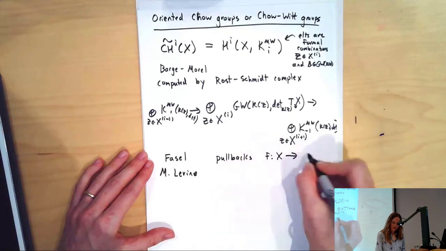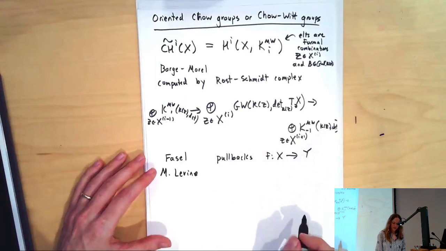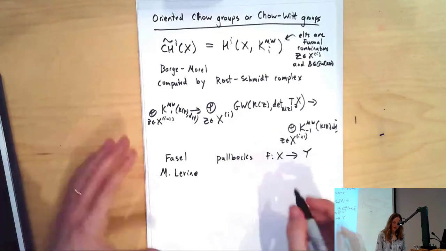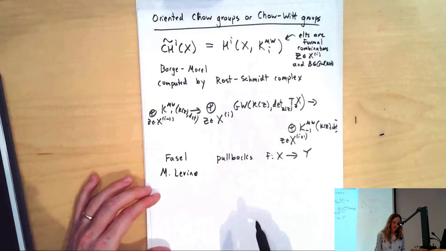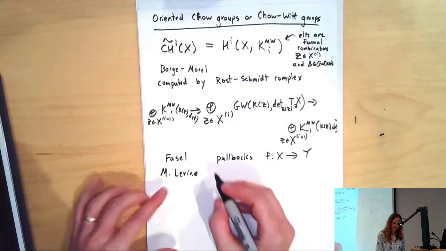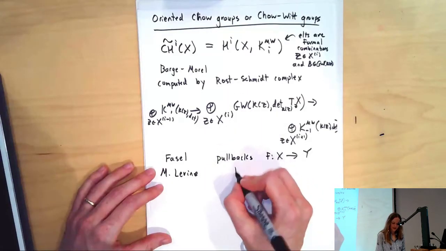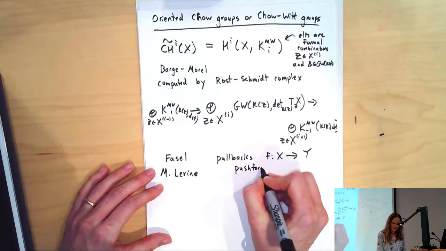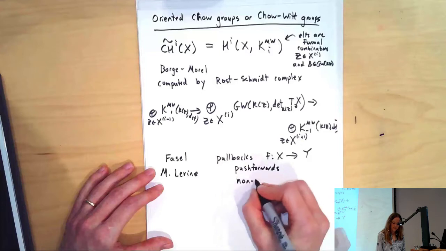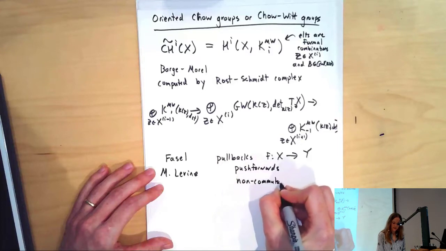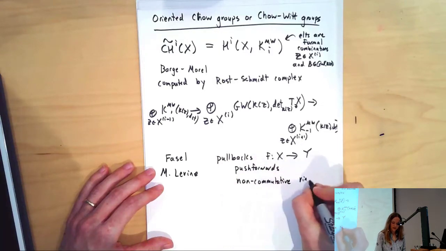So if we have f, X to Y, we have a pullback in the other direction. We can twist these groups as well. So let me say pullbacks, push forwards, and there's a non-commutative ring structure.